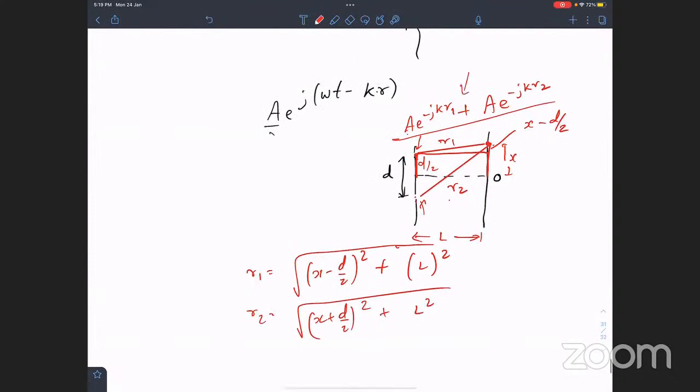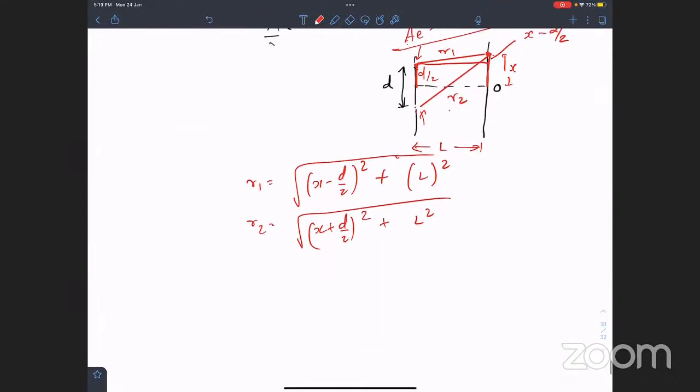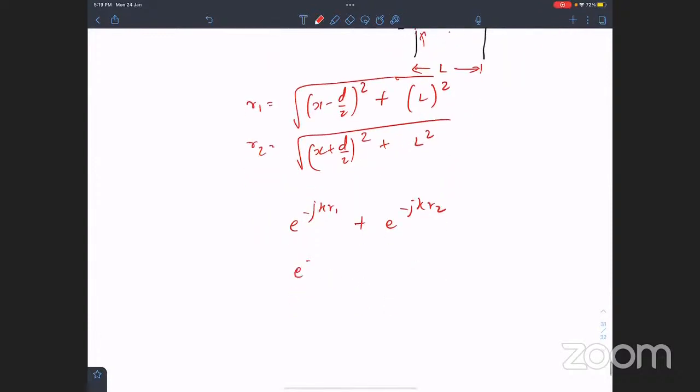And so when you try to add this, we can write it as e to the power minus j k r1 plus e to the power minus j k r2. Now, this kind of a sum, I can extract the k r1 out and say 1 plus e to the power minus j k (r2 minus r1).